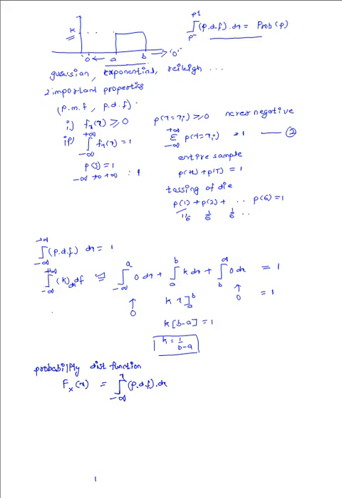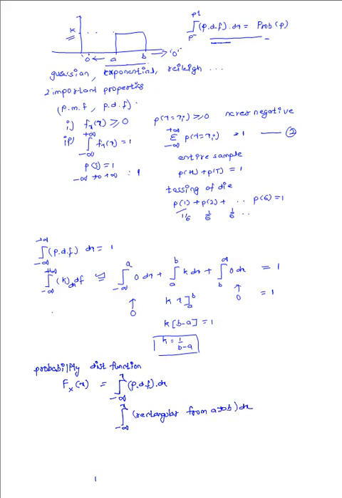Here, if you observe the rectangular probability density function which I took at the start of the slide, and apply the same PDF in the calculation of the probability distribution function, we can say it is the integral from minus infinity to x of that rectangular function from a to b dx.